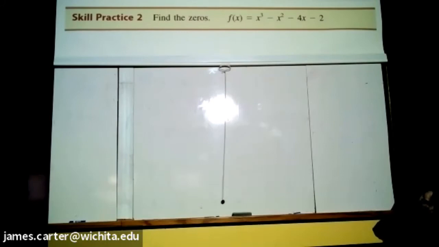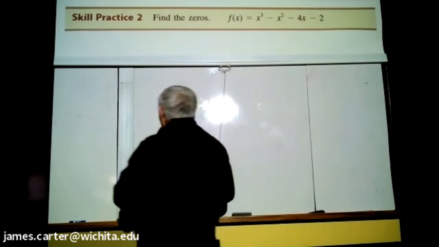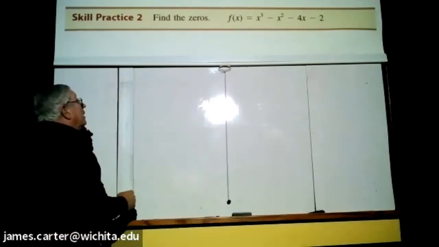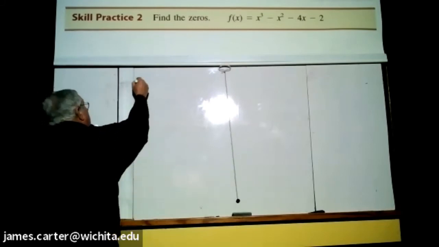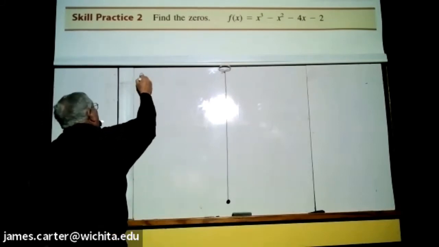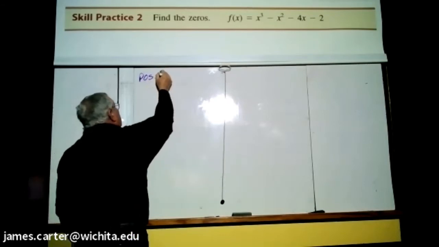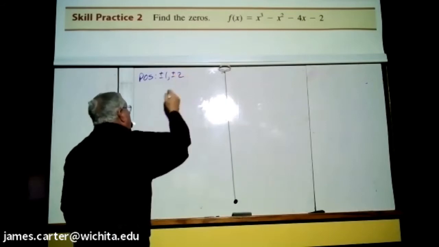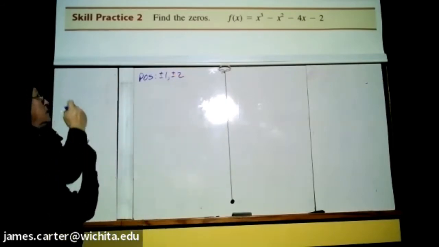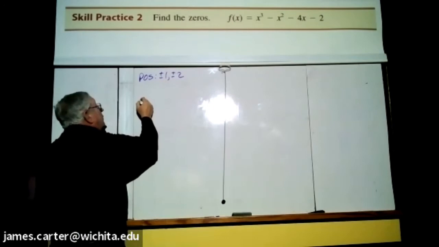Okay, we could try this one. In this case, our possible roots are going to be plus or minus 1, plus or minus 2. Okay. I'm going to try positive 1.